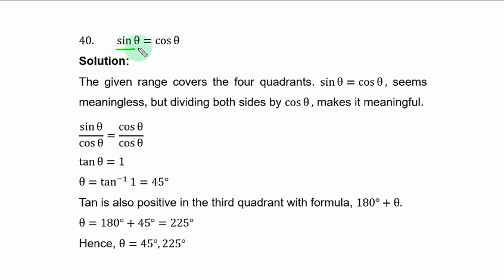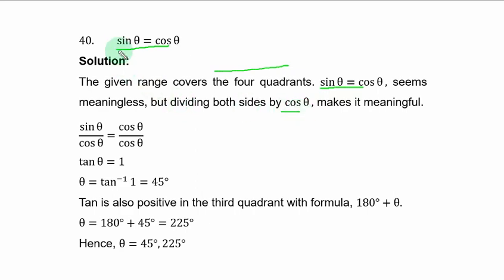Sin theta is equal to cos theta. The given range covers the four quadrants. Sin theta equal to cos theta seems meaningless, but dividing both sides by cos theta makes it meaningful.